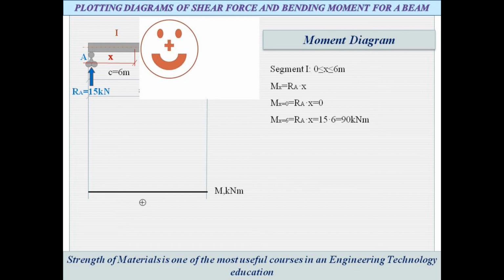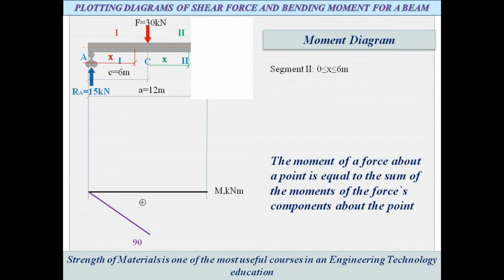Therefore, the bending moment is positive. Solving the equation, we get the bending moment at the beginning of the beam and at the end of segment 1. The bending moment in the diagram is shown from the side of the stretched fibers. In our case, the stretched fibers are at the bottom of the beam.